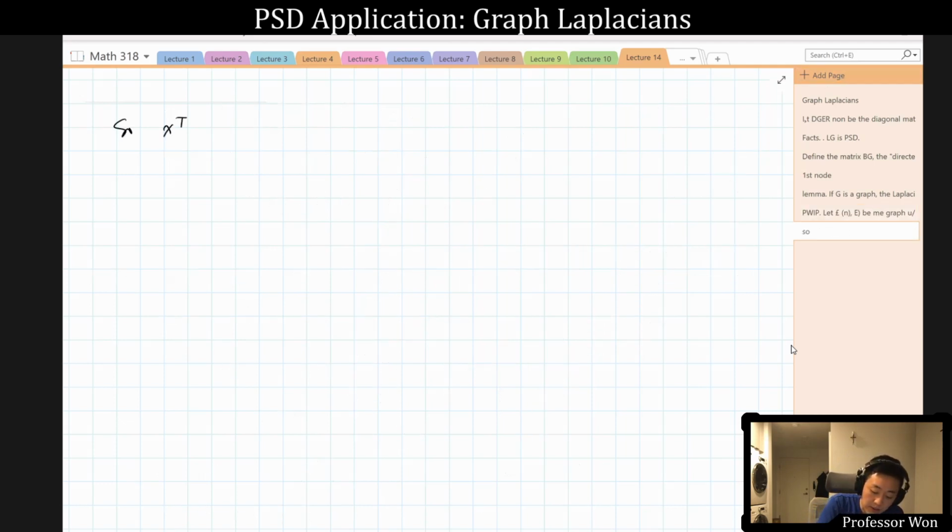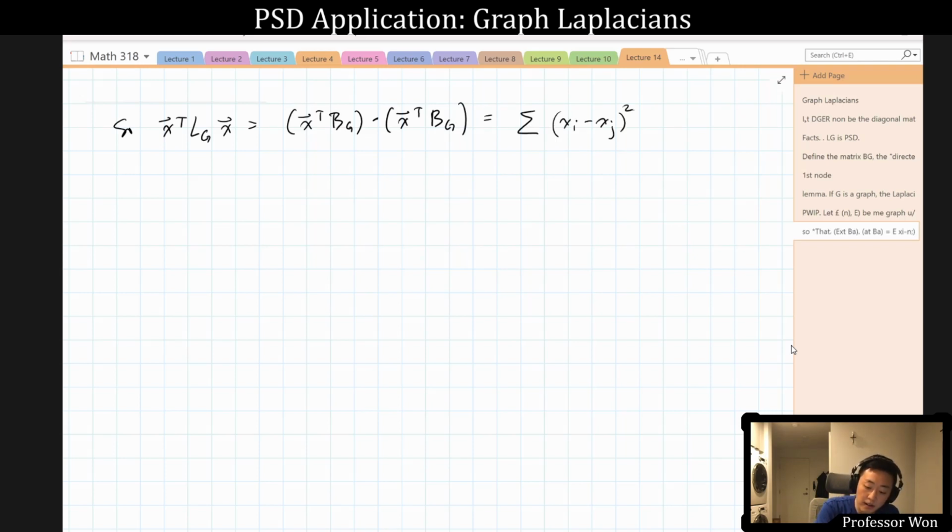So X transpose LG X is equal to this vector X transpose BG dotted with itself. And when you dot the vector by itself, what you do is you square all the entries and you add them all up. This is the sum over all xi minus xj squared, where ij is an edge, which is exactly what we want to show.